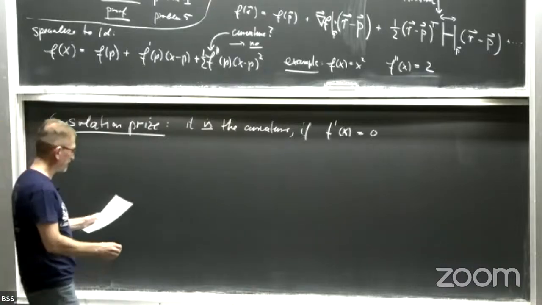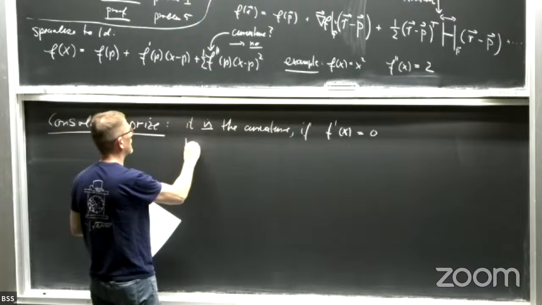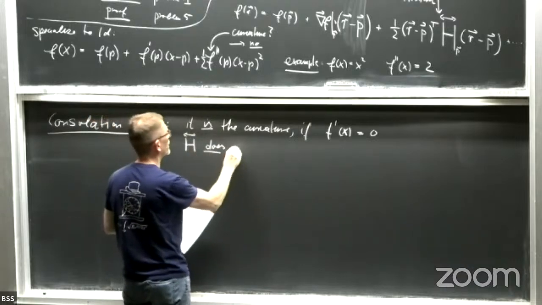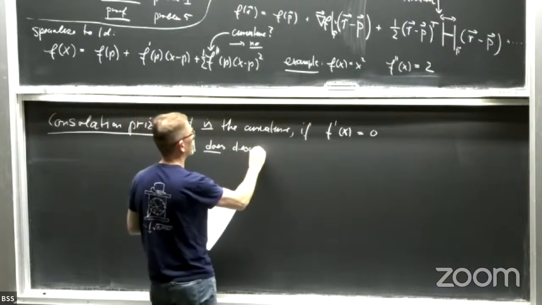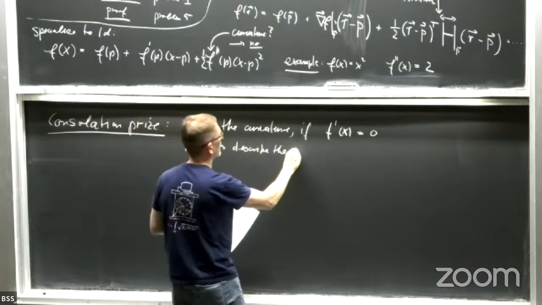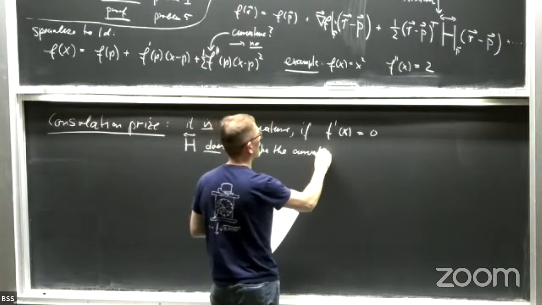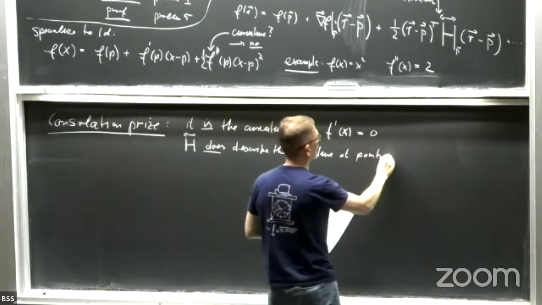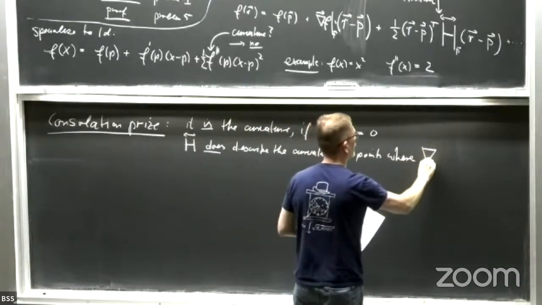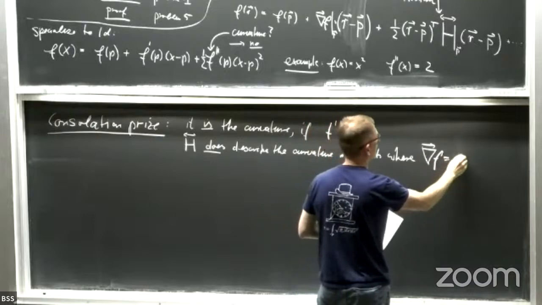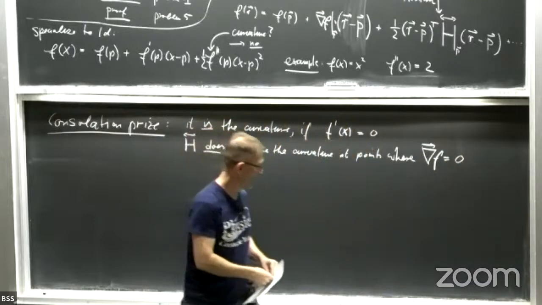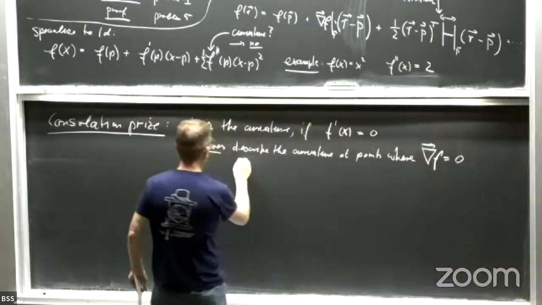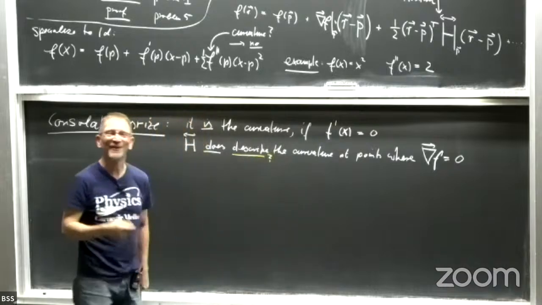So it turns out H indeed does describe the curvature at points where grad f vanishes, just like in the 1D case. But I do owe you a few more words on what I mean by describe.